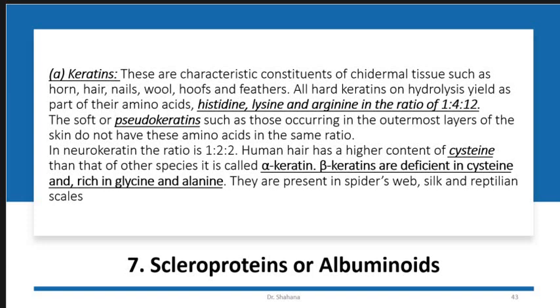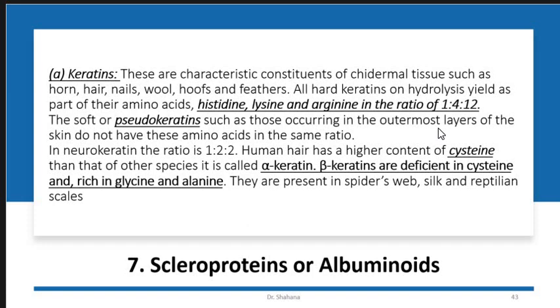For example, keratins. These are the characteristic constituent of the epidermal tissue such as horn, hair, nail, wool, hoofs, and feathers. All hard keratins on hydrolysis yield the amino acids histidine, lysine, and arginine in the ratio of 1:4:12. ठीक है, ये तीन amino acids histidine, lysine, and arginine भी present होते हैं इसमें.